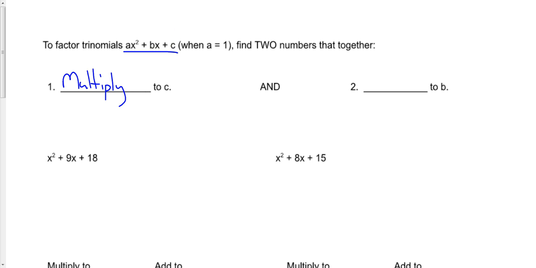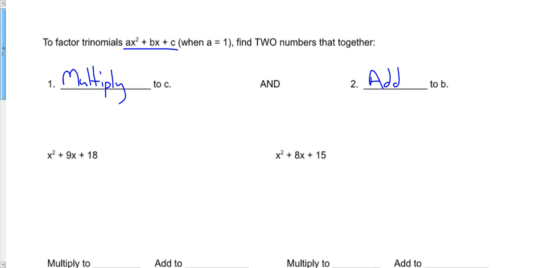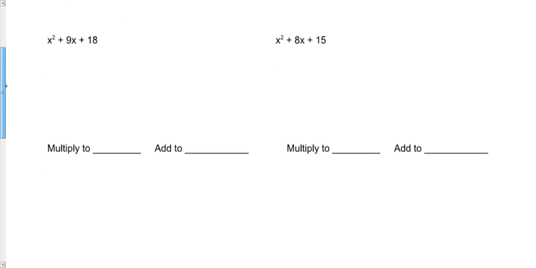And they also need to add to the b value, whatever this b value happens to be. When we're looking for those specifics, we're going to come up with what we're going to call our add multiply chart, or our MA chart.